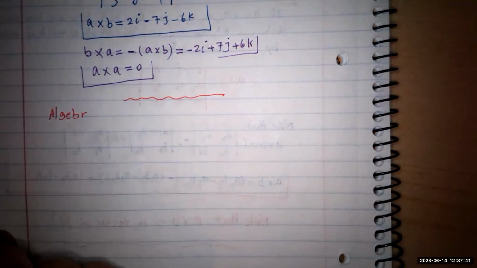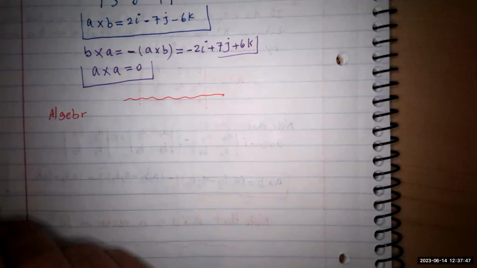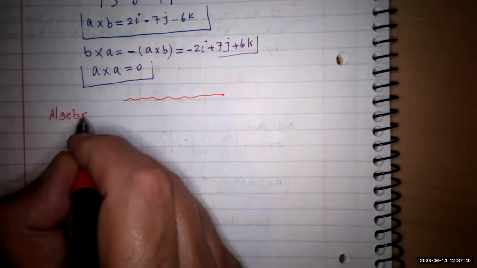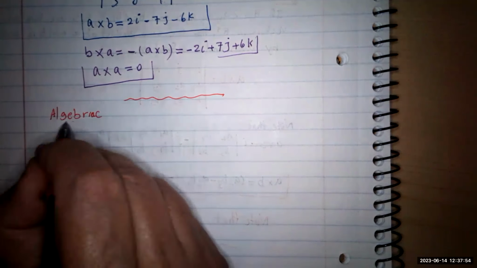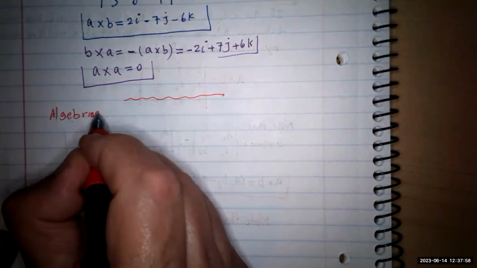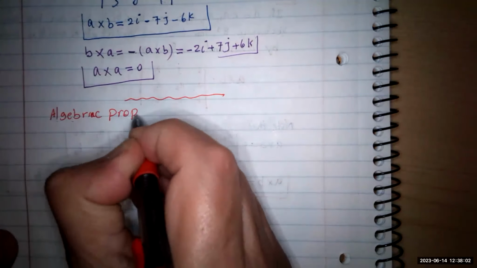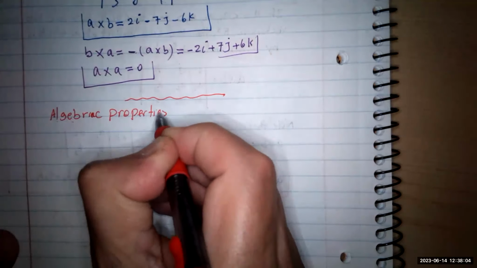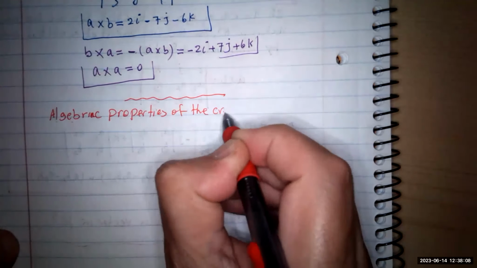So what are some properties? We call it the algebraic properties of the cross product. This means just the operations.